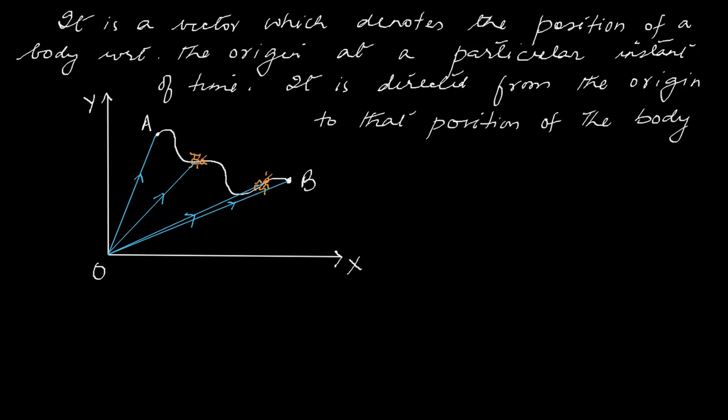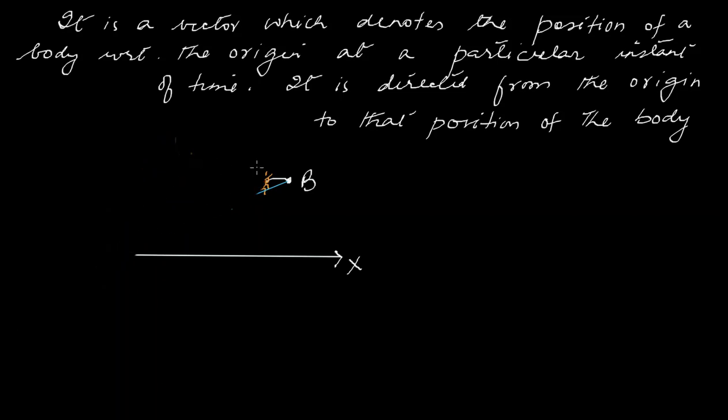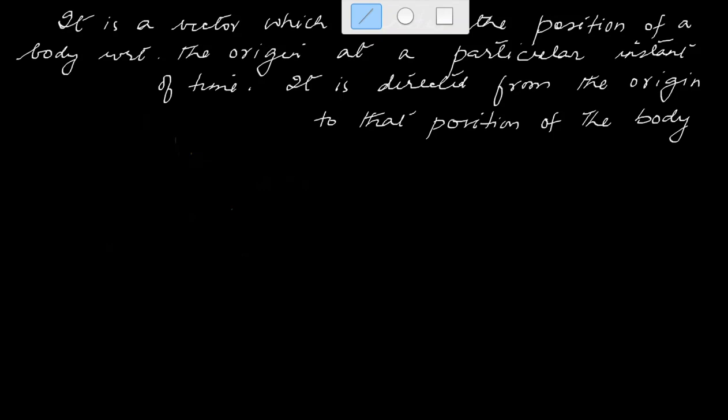All right, let me draw a different diagram here. Let us find the mathematical expression of this position vector. Let's say we have the coordinate axis just like before.